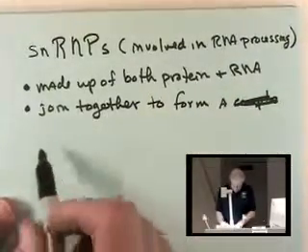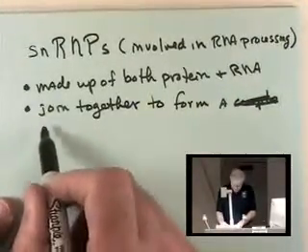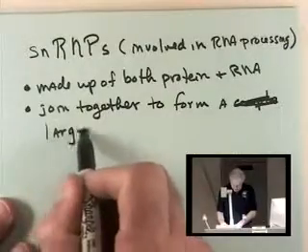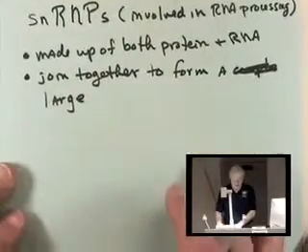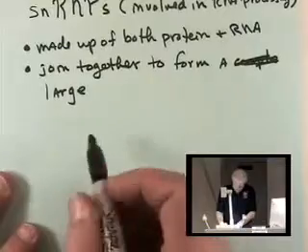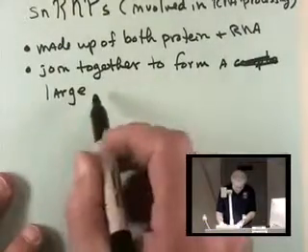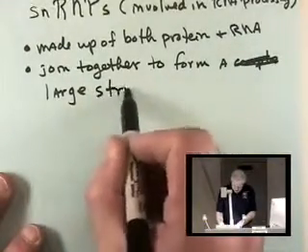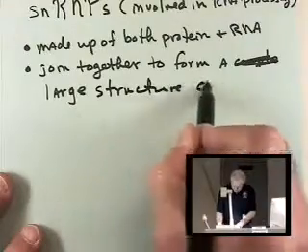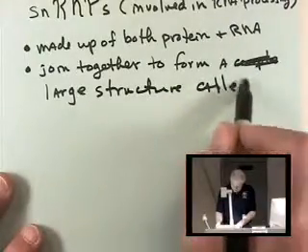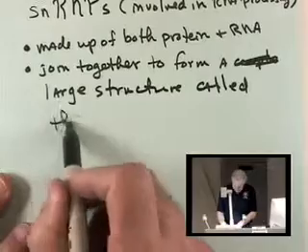It is complex, but let's keep our words so that they're recognizable. At times you need to recognize these sequence of words. So it's a large structure called the spliceosome.